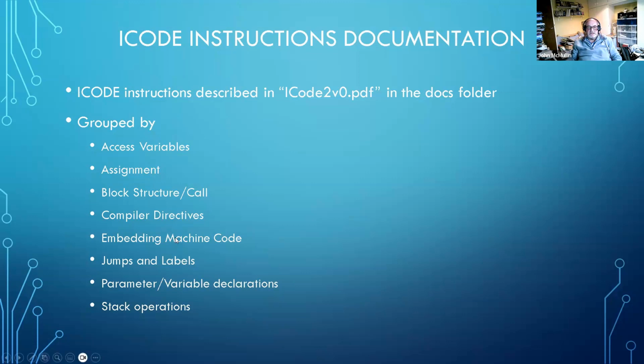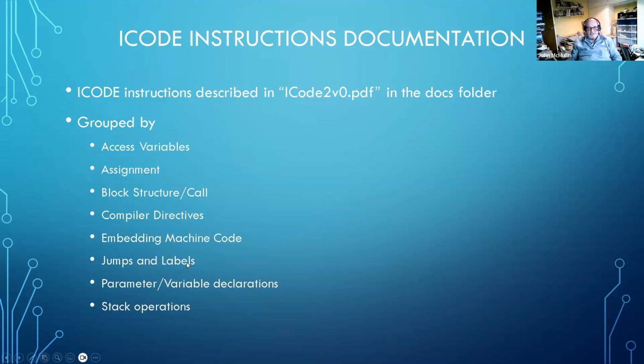Then there's the way of embedding machine code in the Imp source for those occasions where you can't do it in Imp, but you do need the power of the extra instructions.